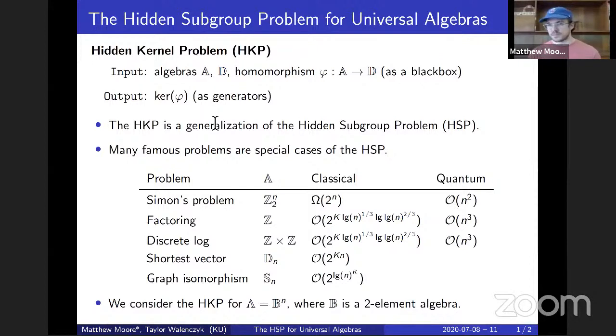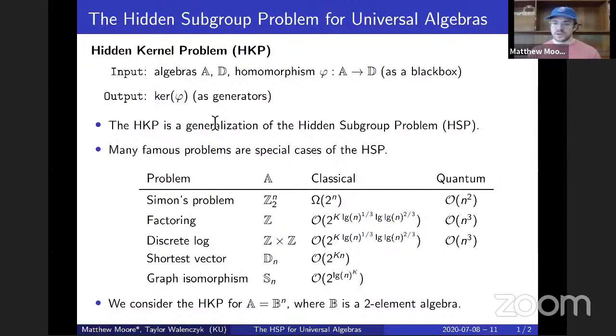For instance, Simon's problem, which historically was the second computational problem to have a proven superpolynomial speedup on a quantum computer versus a classical computer. Shor's famous algorithm for factoring and the discrete logarithm problem on a quantum computer are also special cases of the hidden subgroup problem when the group is taken to be either Z or Z squared.